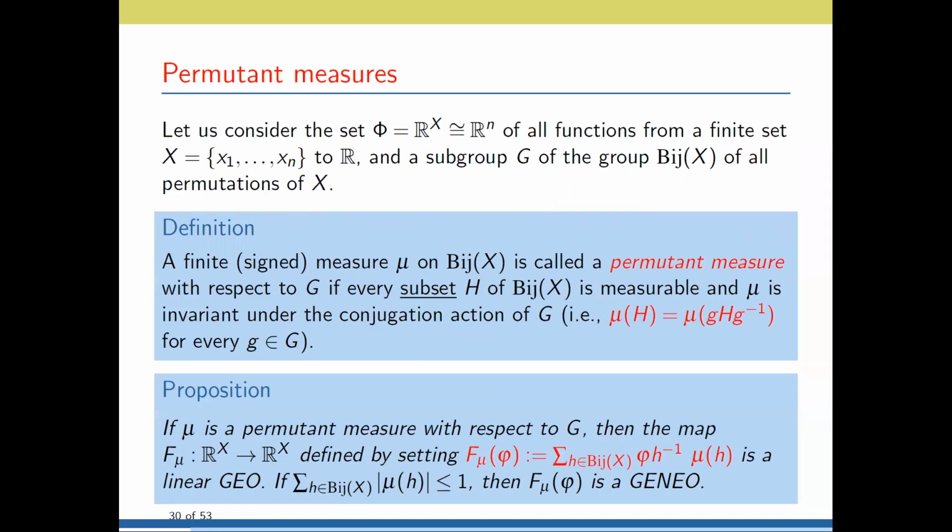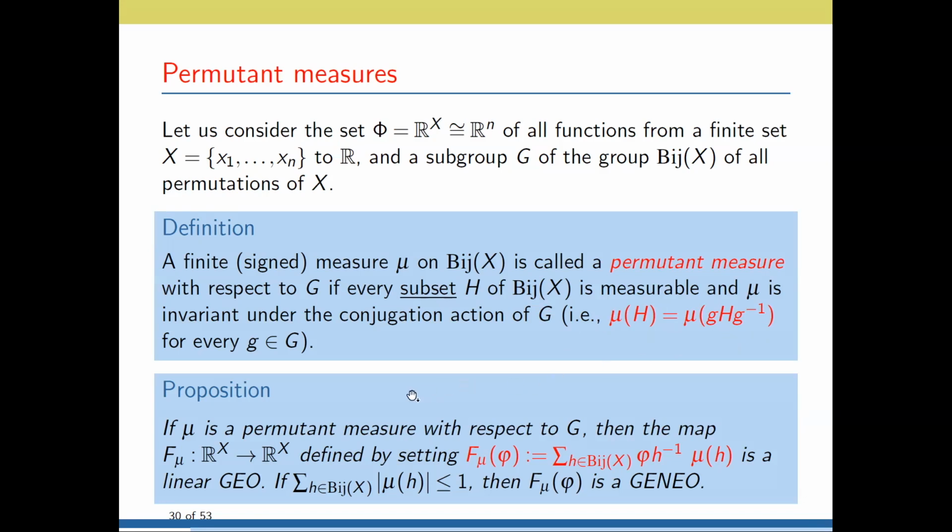Let us now consider the set Phi of all functions from a finite set X to the real numbers, and a subgroup G of the group of all permutations of X. A finite signed measure mu on the group of all permutations of X is called a permutant measure with respect to the group G if every subset H of this group of permutations is measurable and mu is invariant under the conjugation action of G. So we have this equality here. The measure does not change when we apply conjugation.